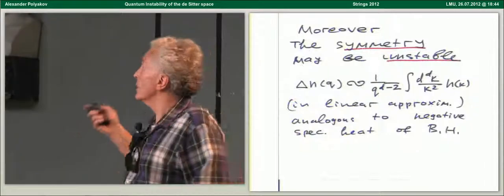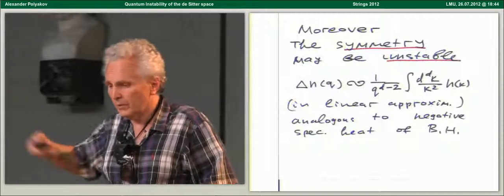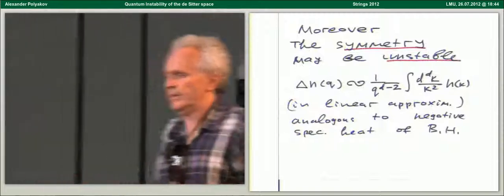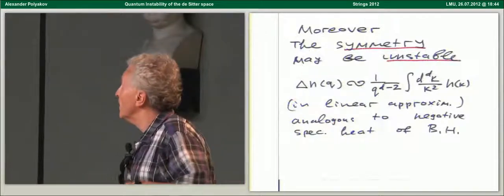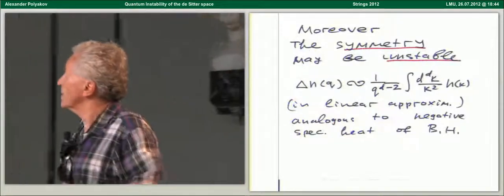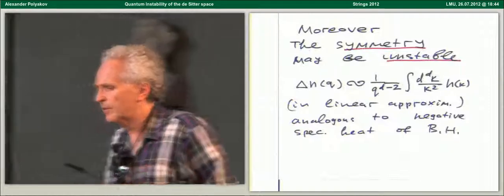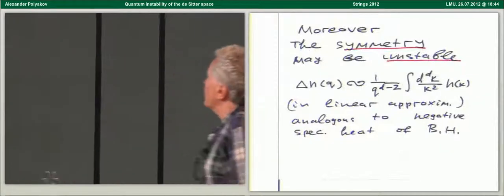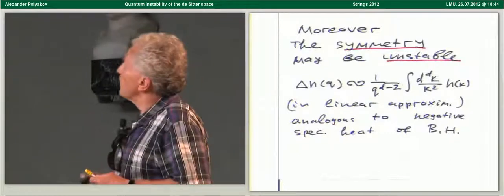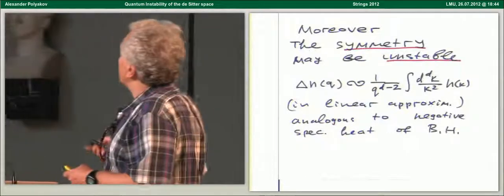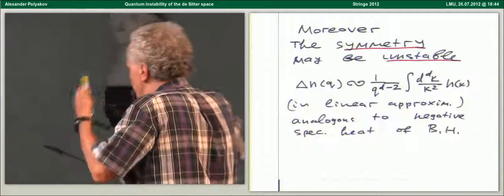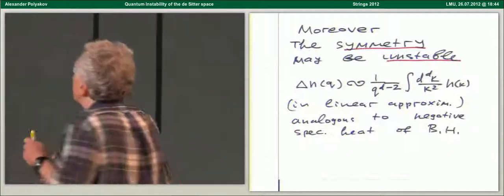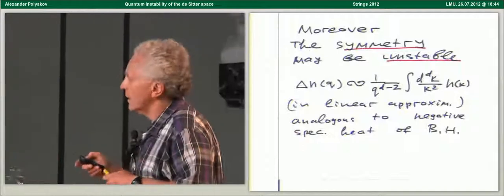It's not clear what will happen in the full nonlinear scenario, but at least linearly the symmetry is unstable, somewhat analogously to the negative specific heat of the black hole, but I will return to that. This is the situation in the Poincaré patch.